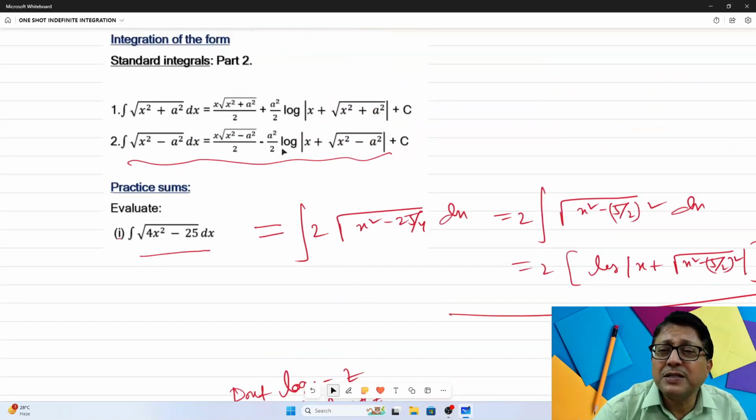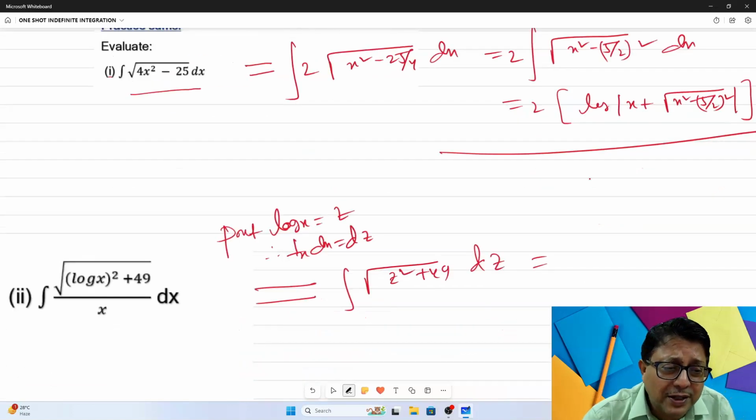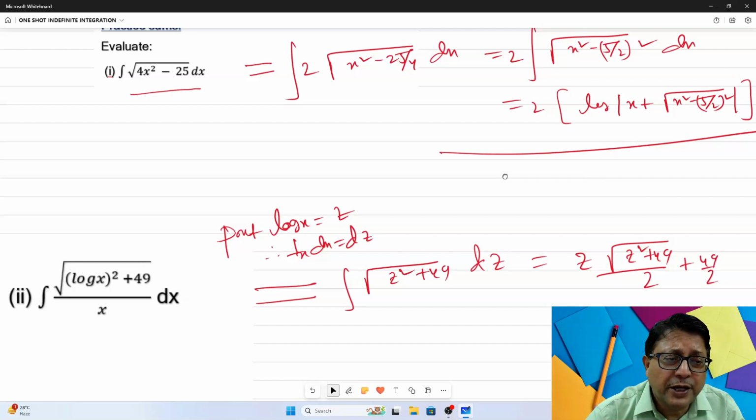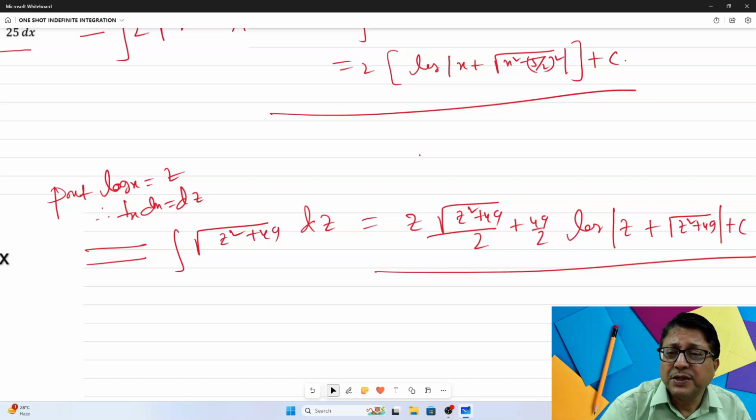This will be what? Root over x square plus a square. x root over x square plus a square by 2. You write it. z root over z square plus 49 by 2, plus 49 by 2 log of mod of z plus root over z square plus 49, plus c.